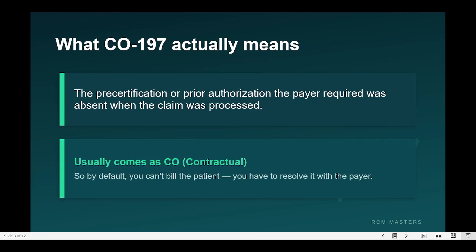CO-197 means the pre-certification or prior authorization the payer required was absent when they adjudicated the claim. And like CO-97, it usually comes through as a CO, a contractual obligation, which means by default you cannot just bill the patient for it. You have to resolve it with the payer.